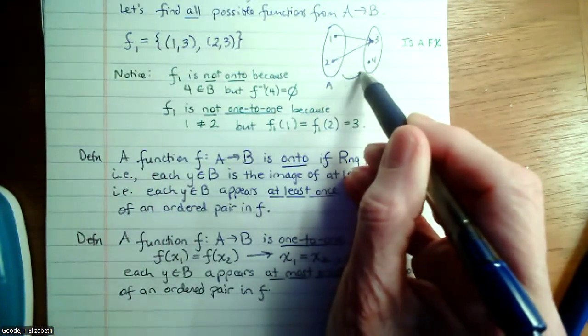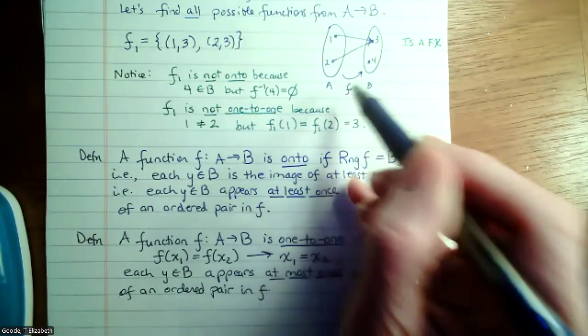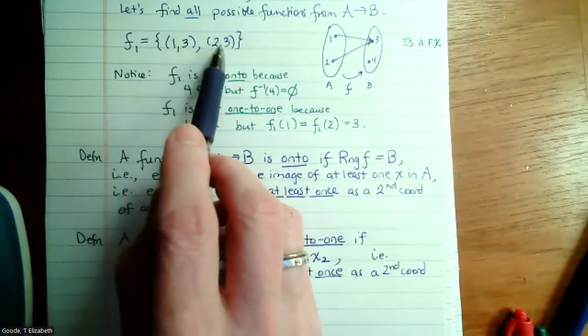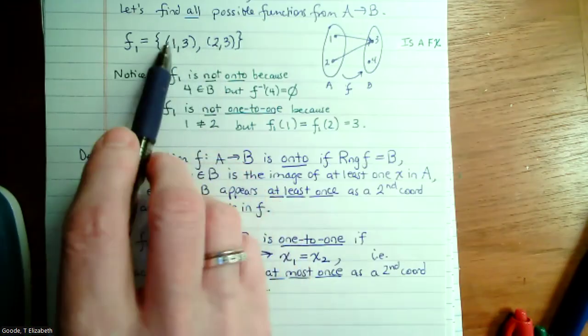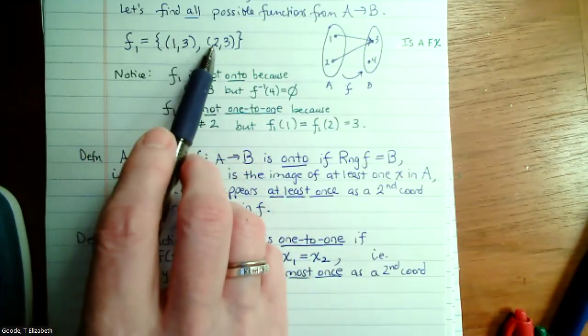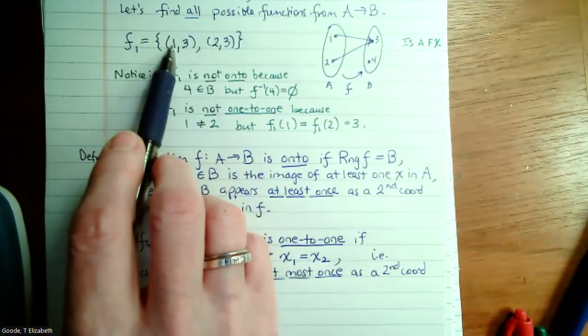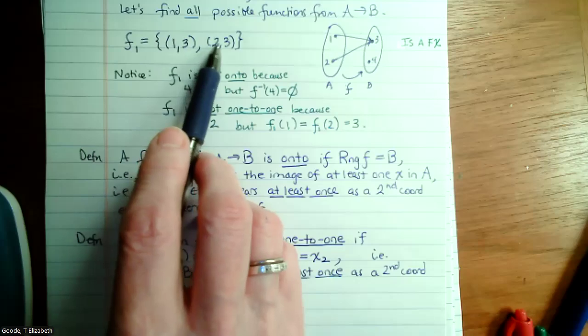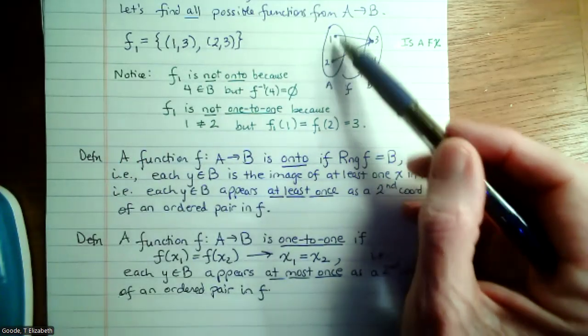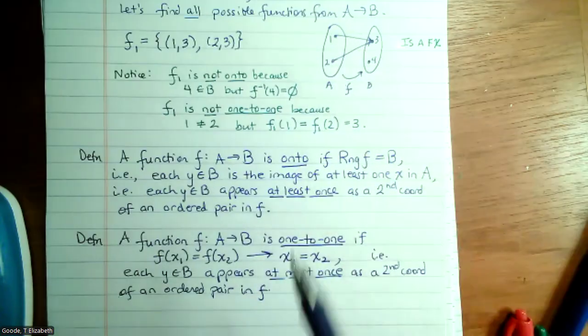F is mapping this way. But 1 is not equal to 2. So 1 is our x1, 2 is our x2, f of x1 is 3, f of x2 is 3, but 1 and 2 aren't the same element over here in the domain.